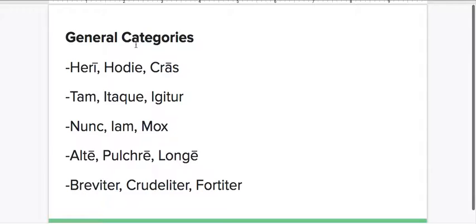So first off, we've got our general categories, and I think the workbook did a really good job of grouping some of these irregular ones together, right? Heri, yesterday, hodie, today, kras, tomorrow. Nunc, mox, iam, ita, igitur: now, soon, already, so, therefore, right? All of these words are always kind of the bane of your existence when you're translating and trying to remember them.